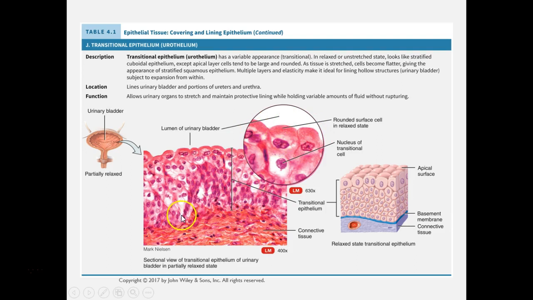And then as you get deeper into the transitional epithelial cells, they appear to be more squished. So again, transitional epithelium you find in the urinary bladder and parts of the tubes such as the ureters and the urethra that are associated with the urinary system. Transitional means that they can change their appearance as they become stretched and flatter.